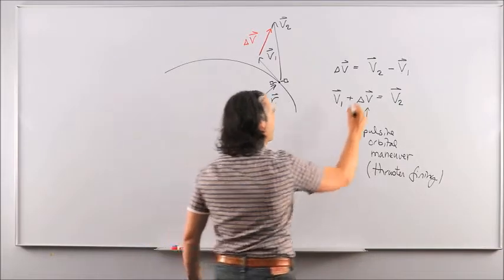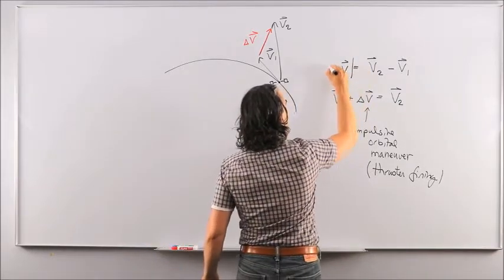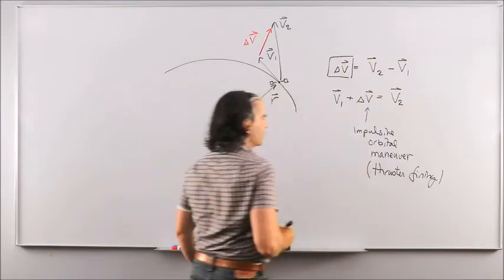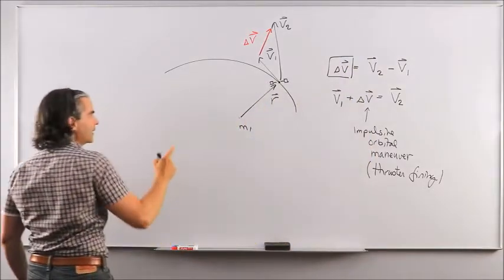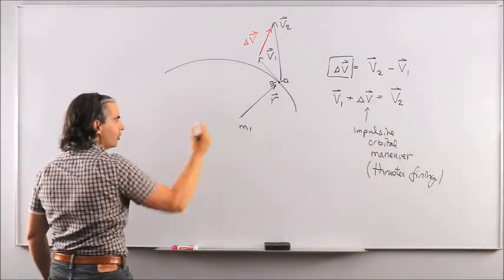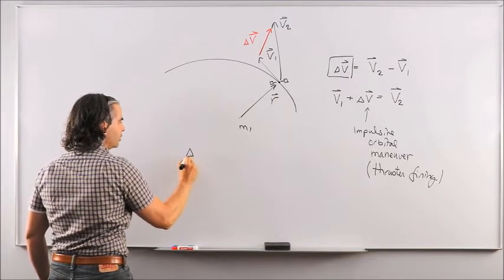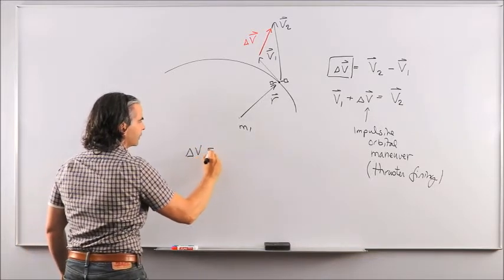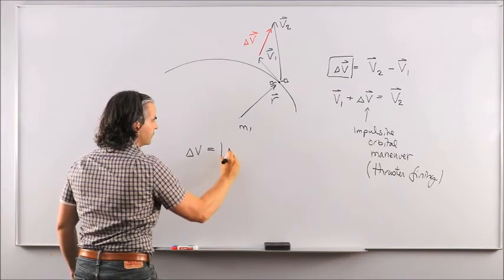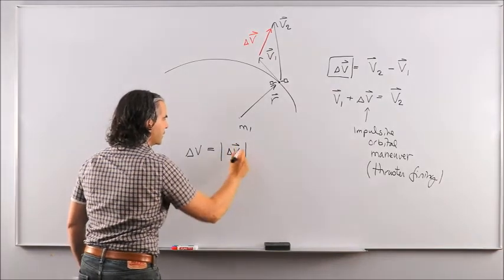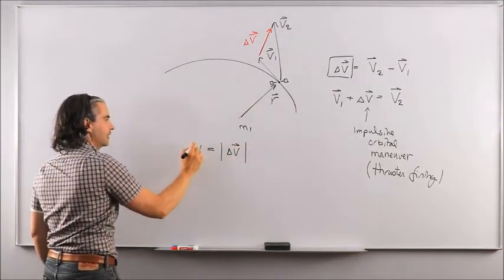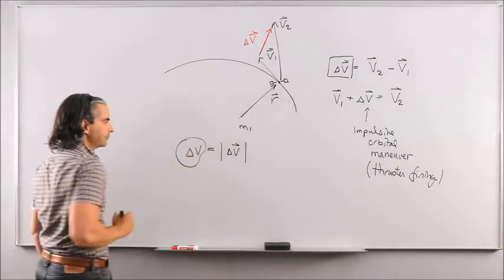Now, related to the change in velocity vector caused by the impulsive orbital maneuver is the magnitude, or the norm, of this vector that we shall denote delta V. Delta V vector is this, and the norm of this vector is the scalar quantity.